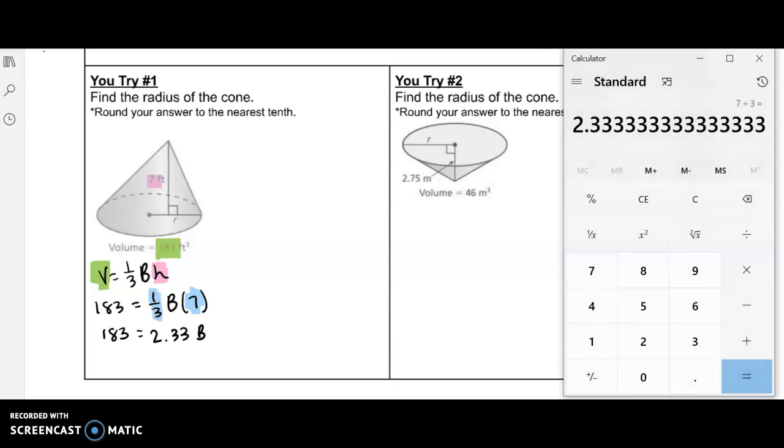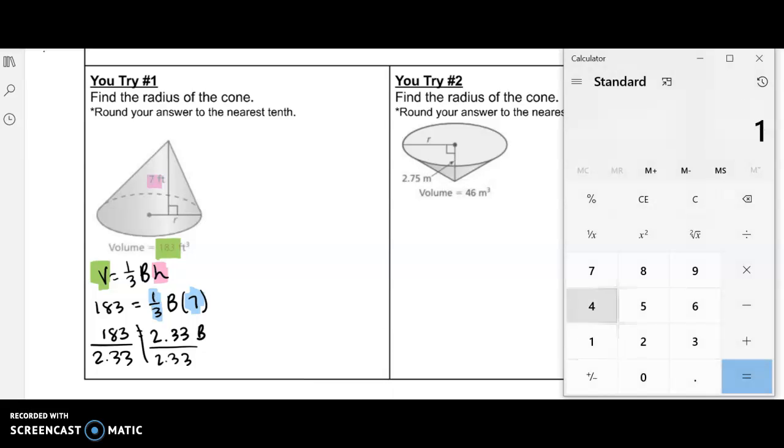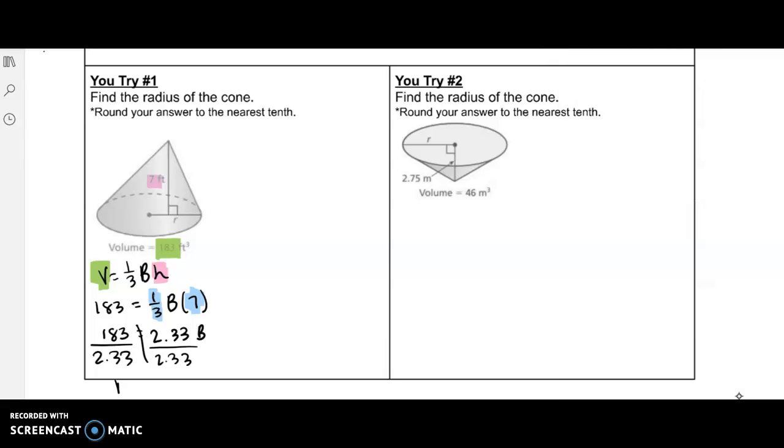So now we need to do 183 divided by 2.33, and we get about 78.54. So the area of our base is 78.54.